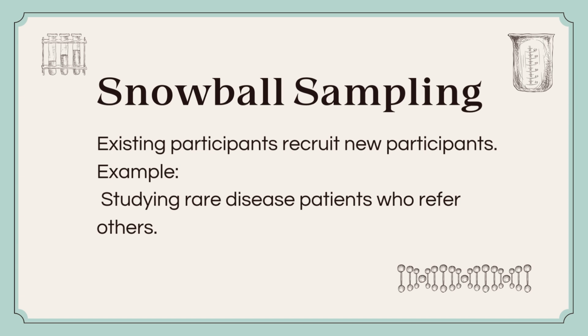Maybe you're able to get one person with the disease, and the person can refer you to another person that has the same disease. So it's basically based on referral for snowball sampling, and it's used when it's hard to get the sample. And with this, these are some of the sampling methods.